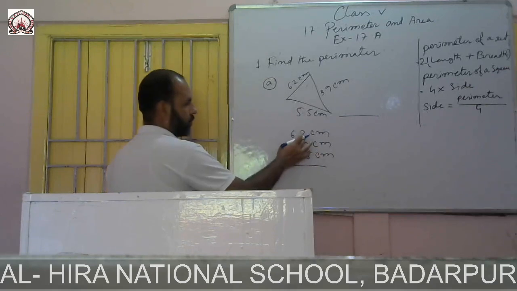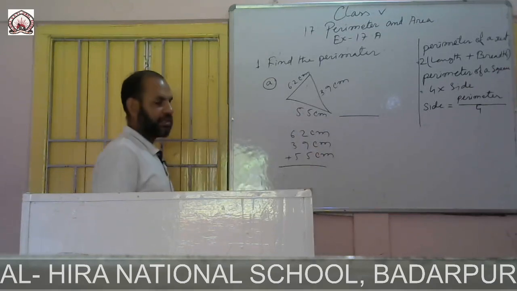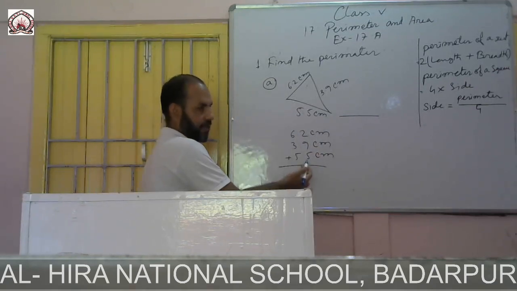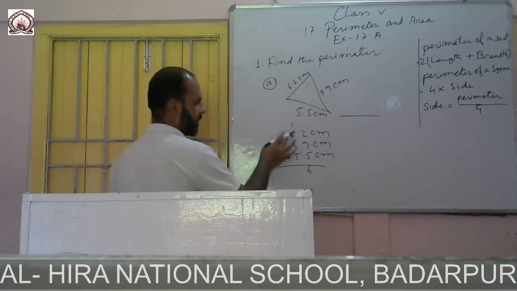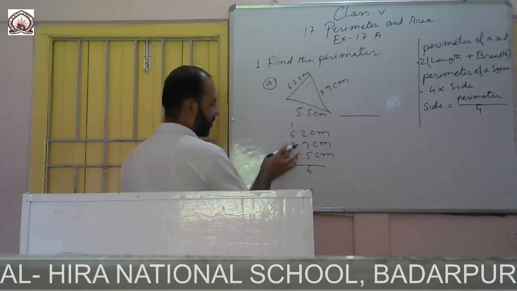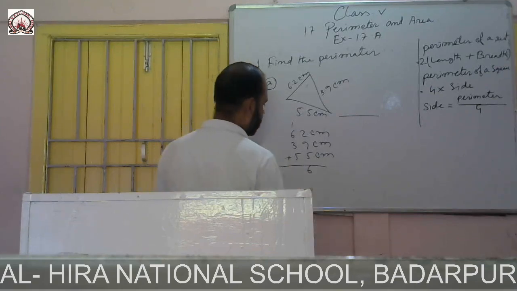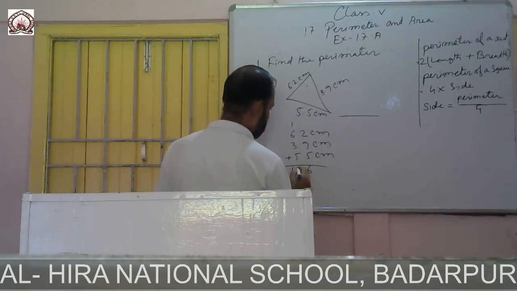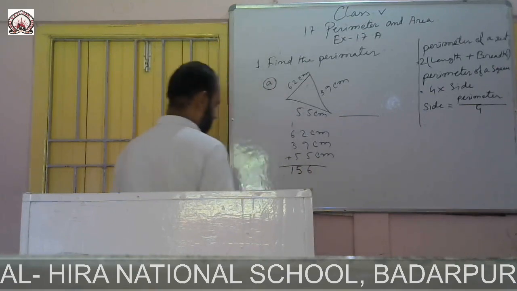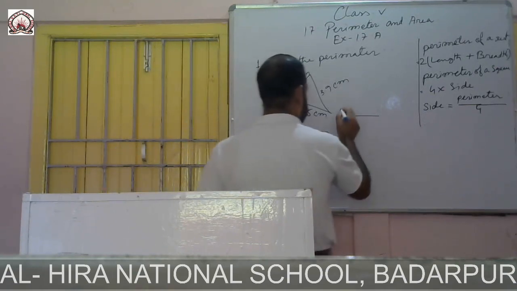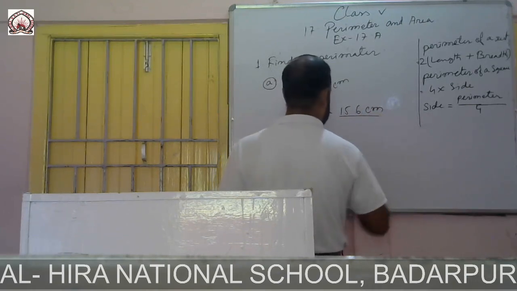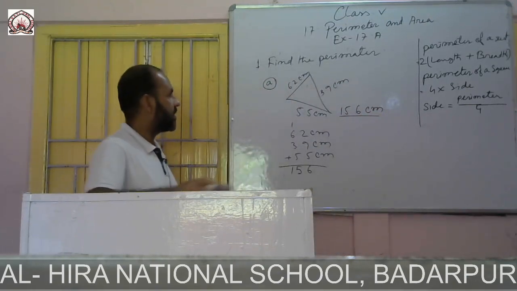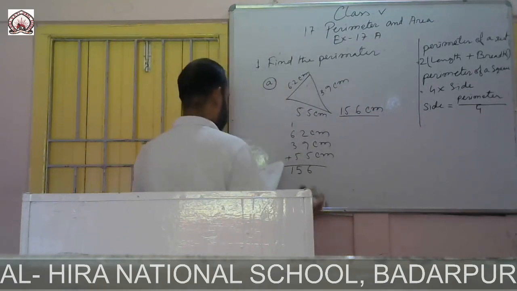So here 9 plus 2 is equal to 11, 11 plus 5 is equal to 16, 6, 1 in my hand. 6 plus 1, 7, 7 plus 3, 10, 10 plus 5, 15. So the perimeter equal to 15.6 centimeter.